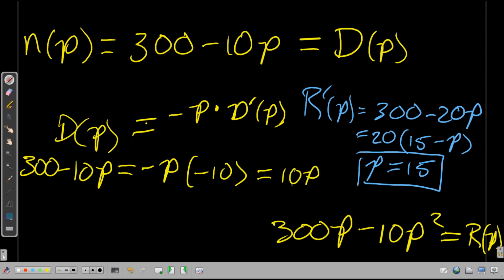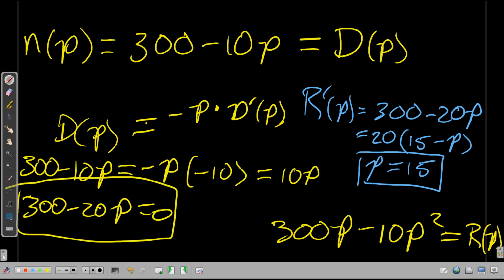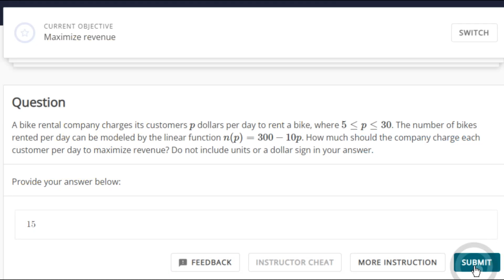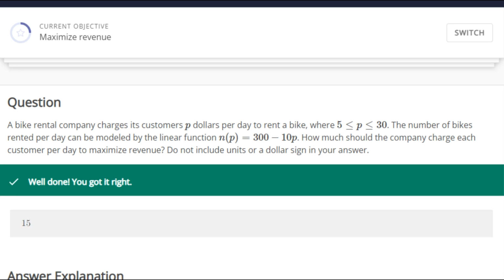And then let's subtract that 10p over to the other side, and then you'd have 300 minus 20p equal to 0. Well, look at that. 300 minus 20p equal to 0, and that's exactly what we did here. So in either case, you get that the price is $15 is what they should charge in order to maximize their revenue.